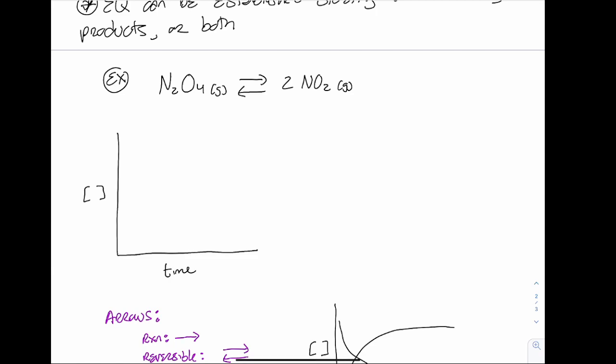If I wanted to start out with N2O4, its concentration would decrease. My concentration of NO2 would increase. So I'm going to have a line coming down and another one coming up. This one that's decreasing is my concentration of N2O4. This one that's increasing is my concentration of NO2.